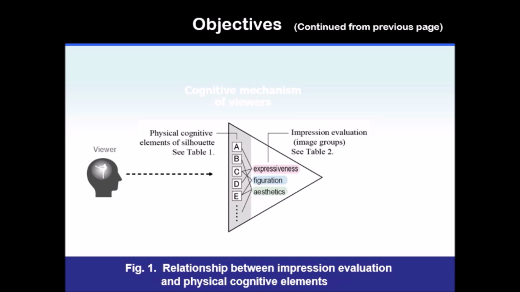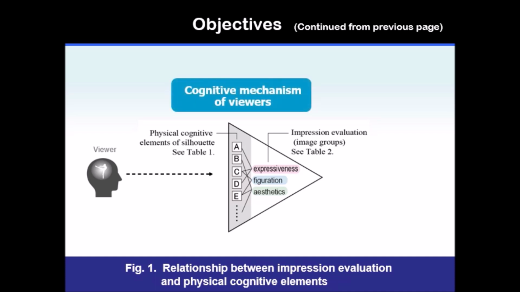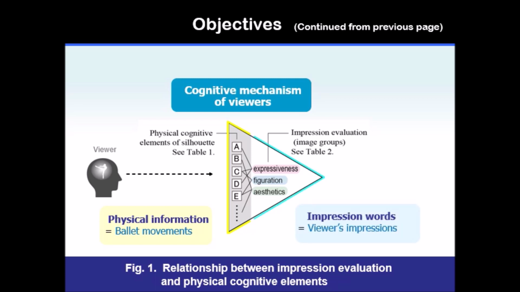In this method, the viewer looks at the physical cognitive elements A, B, C, etc. of each silhouette and evaluates the impression. In other words, we are looking at a relationship between the physical information, which is the ballet movements, and the evaluation results of each impression word, which is the viewer's impression.